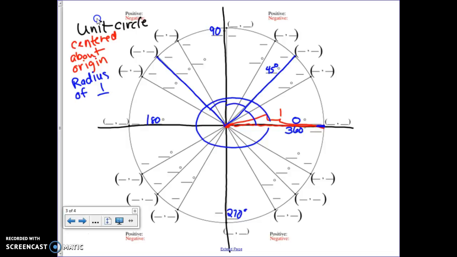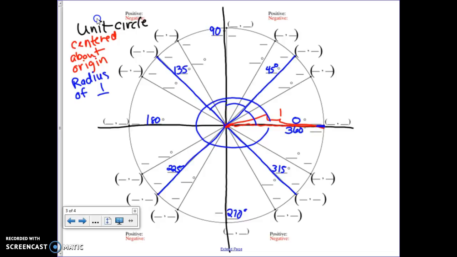So 90 plus 45 is 135. Then we do that to this quadrant: if I add 45 to 180, I end up with 225, which is this slot. Then one more time: if I add 45 to 270, I end up with 315. So this is 315. All right, nothing too earth-shattering here.